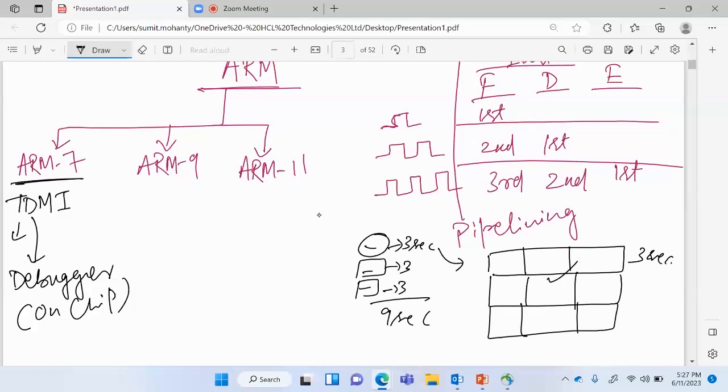Okay, so in total, in 6 seconds all these instructions are done. So 3 seconds for this, 2 seconds for this, and 1 second for this. So in 6 seconds your complete 3 instructions are already executed, whereas if you don't use pipeline it will take almost 9 seconds to execute. I hope this is clear to everyone.